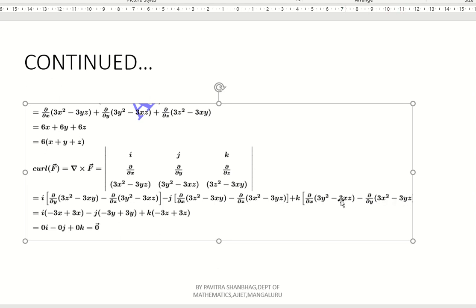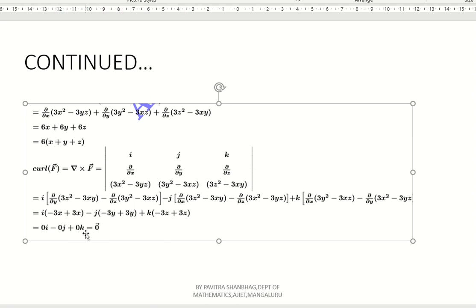Minus 3z. So minus of minus 3z means plus 3z. So totally what you will get? Minus 3z plus 3z into k, right? So finally i into minus 3x plus 3x, minus j into minus 3y plus 3y, plus k into minus 3z plus 3z. So at the end we will get 0i minus 0j plus 0k.